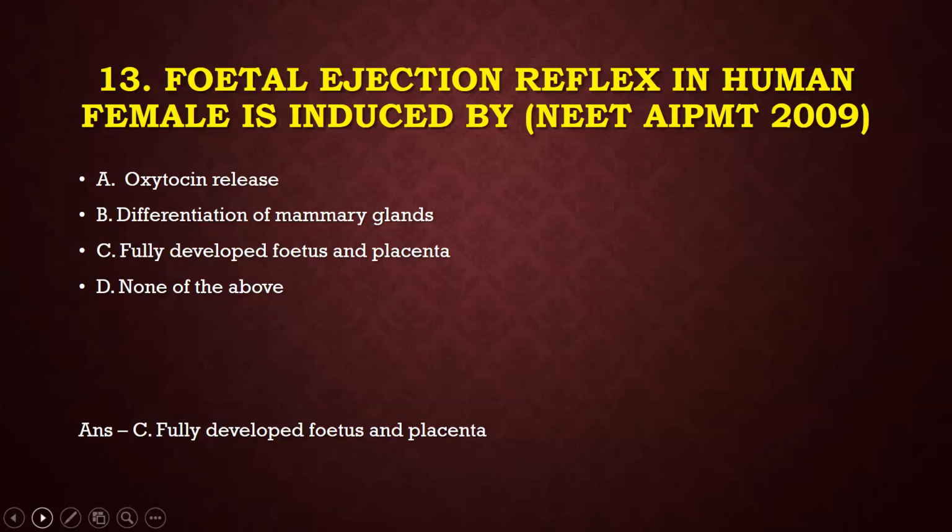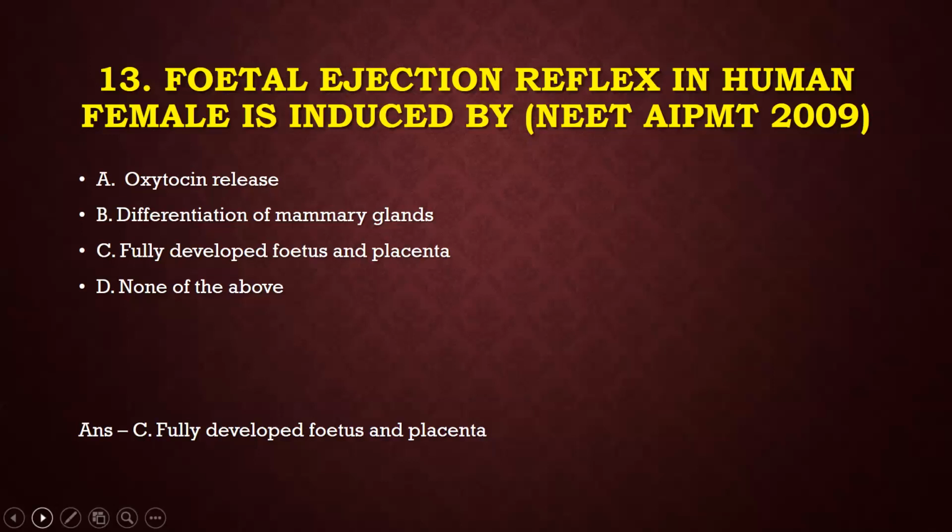You must have heard about this, right? The water bag breaking. Yes, the water bag breaking is the signal which we get that the fetus is ready to come out from the body of the mother. Fully developed fetus and placenta lead to mild uterine contractions of the uterus walls.